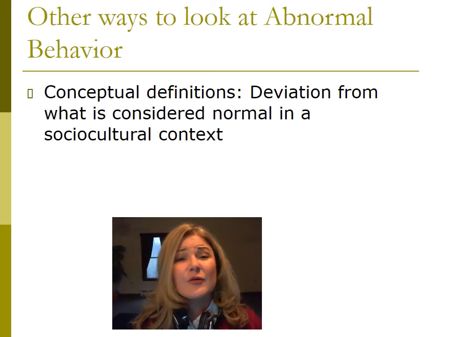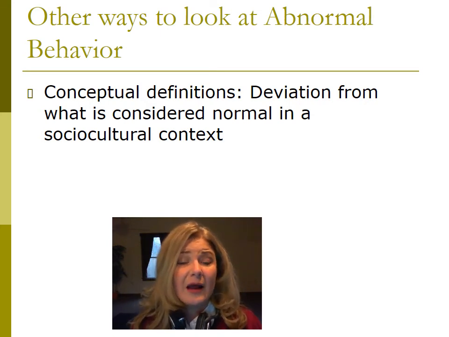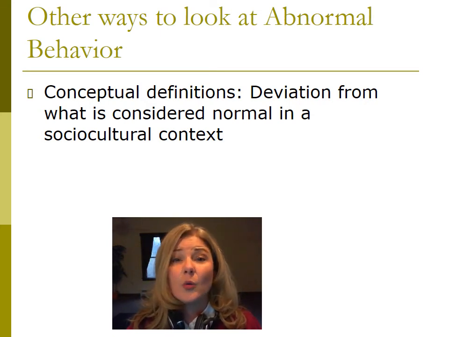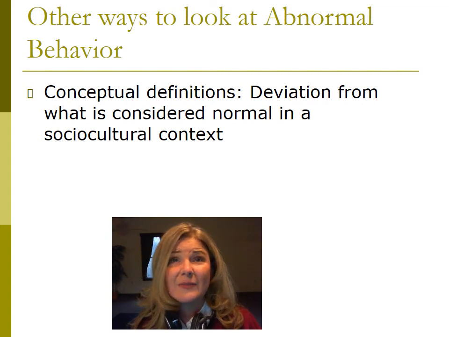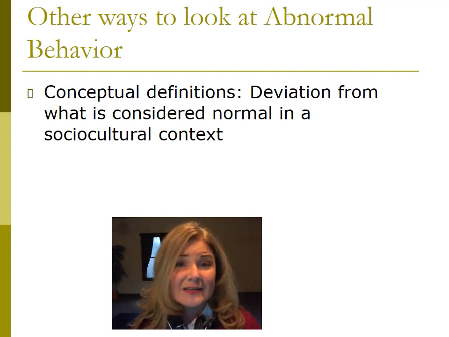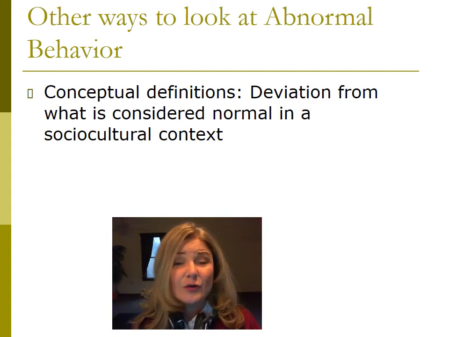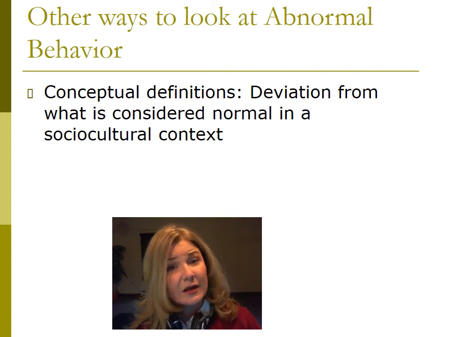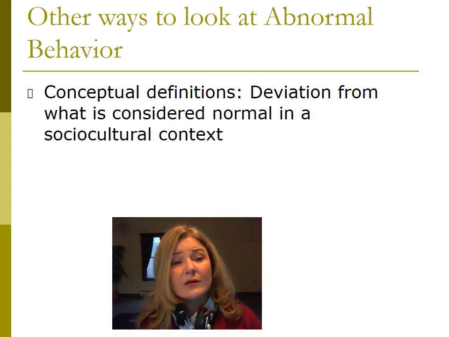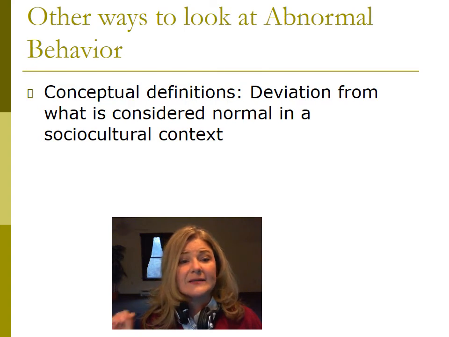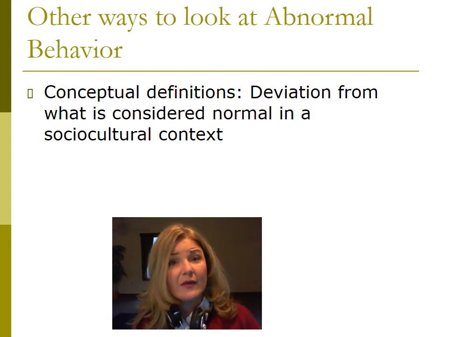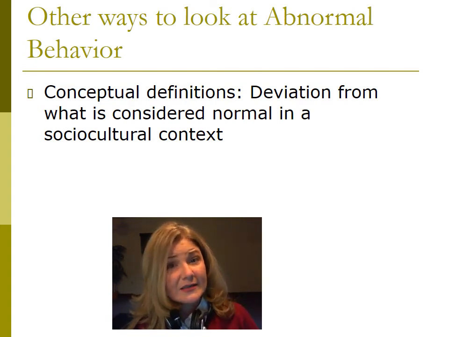So in addition to the 4 Ds, there are other ways to look at abnormal behavior. I mean, that is not the only way. That's one of the ways I like because I think it drills home the idea that we have to look at multiple layers. But we also need to take a look at the social and the cultural context.